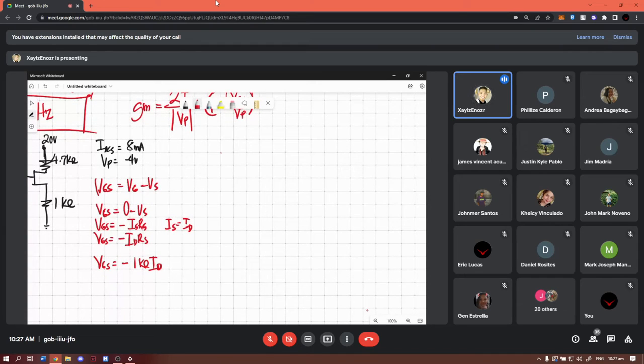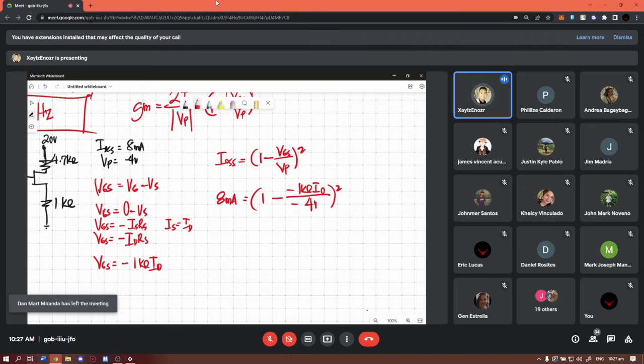So, ID is equal to IDSS times 1 minus VGS over VP quantity squared. So, substitute natin dyan, IDSS, 8 milliamperes is equal to 1 minus VGS, which is negative 1 kilo ohm ID, over VP, negative 4 volts, squared. So, para hindi tayo mahirapan, tanggalin ko lang yung mga units. Palitan ko ng decimal.